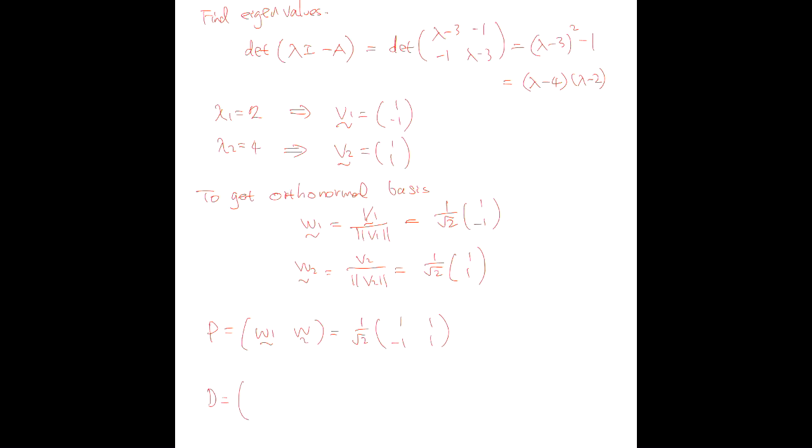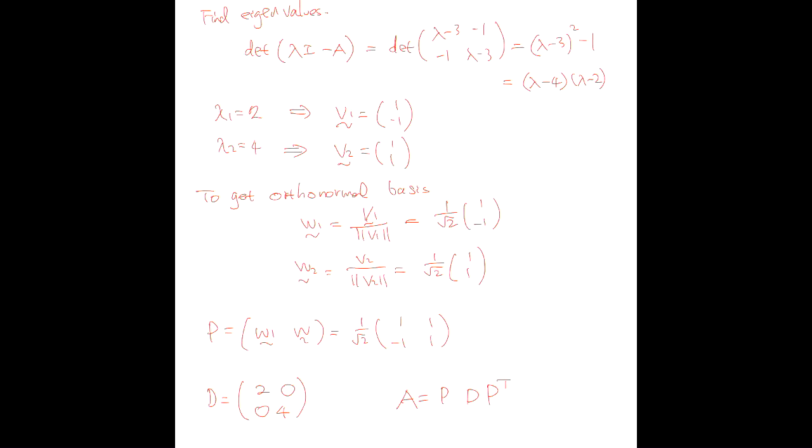D is a diagonal matrix, and the diagonal entries are just lambda 1 = 2, lambda 2 = 4. The other entries are 0. So you can double check, if you have P and D like that, you can write down your A, it's A = P^T D P. Sorry, the other way.